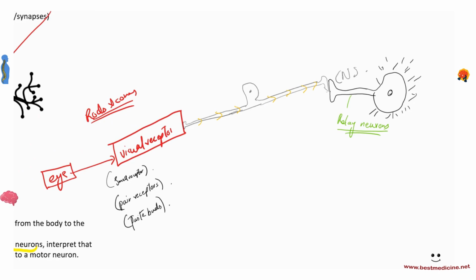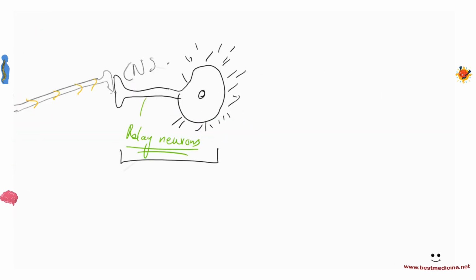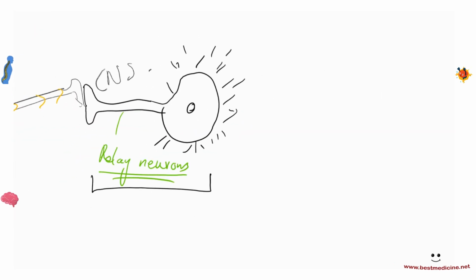So if you see a football coming directly to your face, one of the things would be to raise your hand to try to block it, or maybe bend down your legs to be able to crouch down and dodge it, right? So a football is coming towards your face and you're seeing this. The sensory neuron is carrying the visual sensation to the CNS. The CNS relay neurons will interpret that, and then eventually they will generate a response. The response then is transmitted to yet another kind of neuron, and that neuron is called a motor neuron.